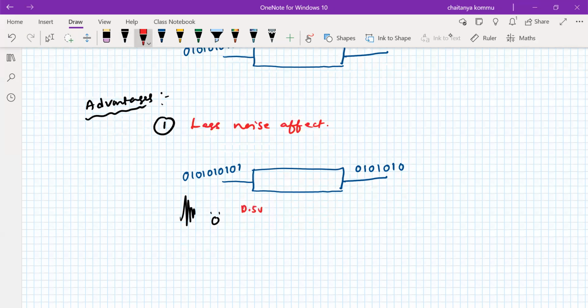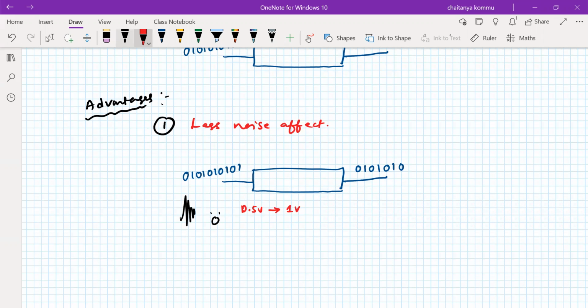Because of noise, it becomes 1 volt, but I'm applying 0.5 volts. The electrical signal may be influenced by other noise signals also. Noise will come into the picture because of so many reasons.